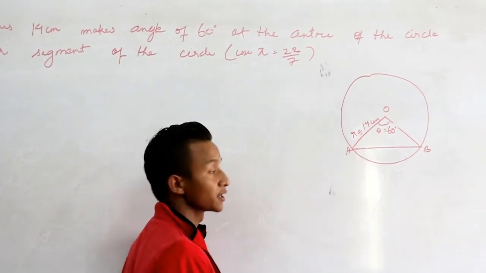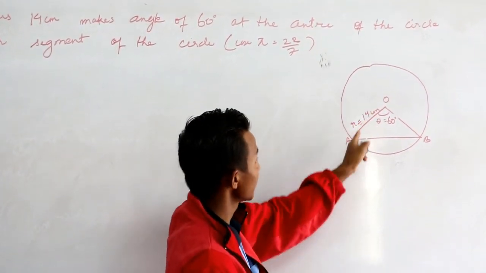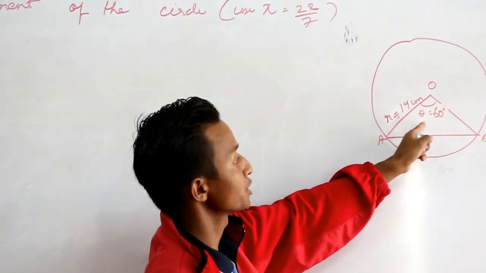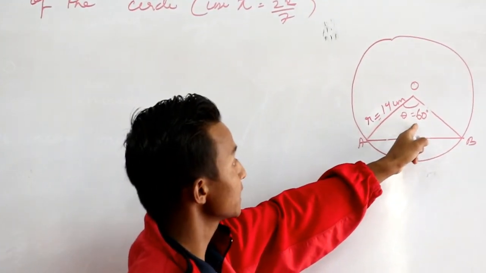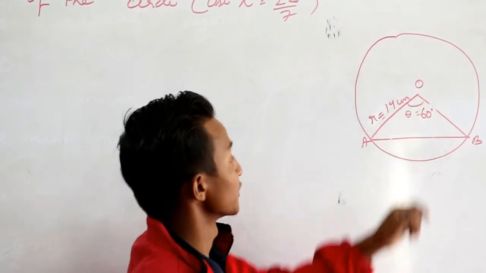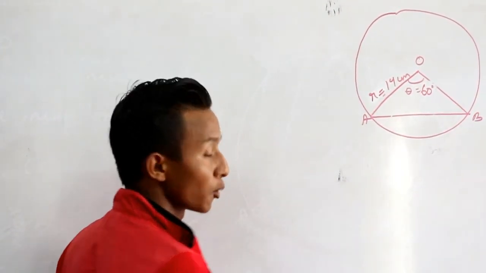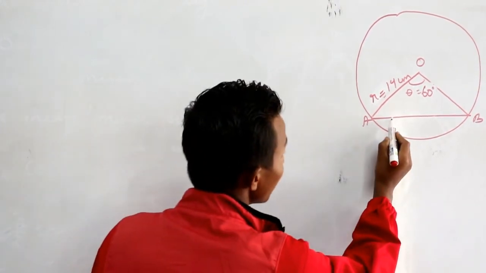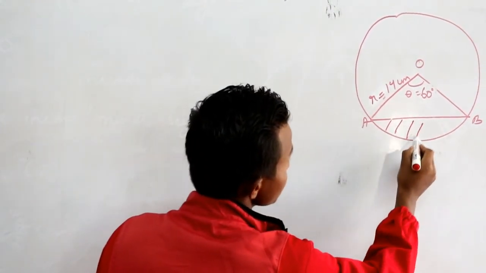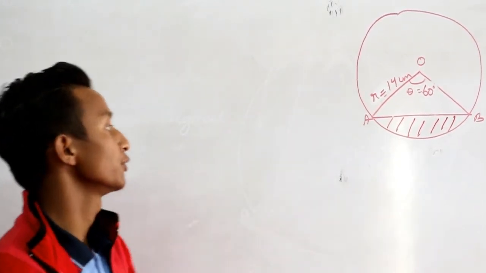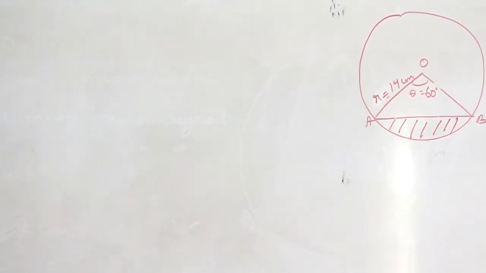This circle is of radius 14 cm, and these two radii make an angle theta, which is equal to 60 degree at this center, and this chord AB. Our problem is to find the area of the minor segment. We have to find the area of this shaded region. So let us start execution.